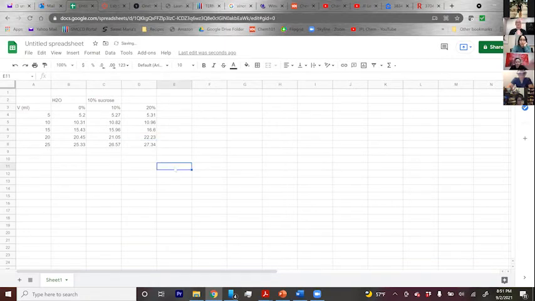Now it's best to do all these at the same time because I don't know if I have exactly the same conditions in the office that I did last night. The humidity may be different, the temperature may be different. So it's not the wisest idea to compare data from an experiment I did yesterday to what I'm doing today, because I'm not collecting my data all at the same time.